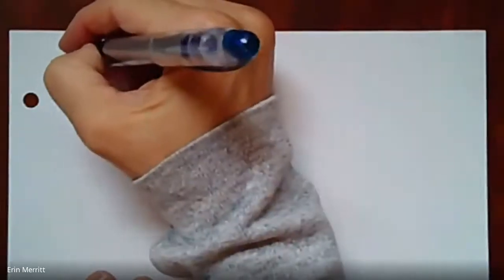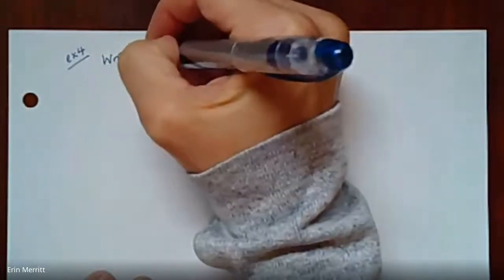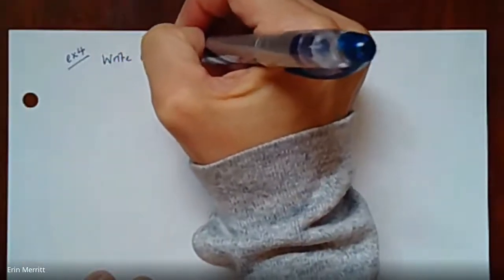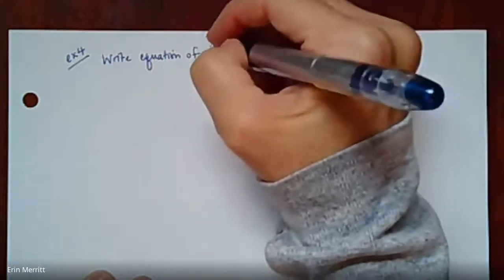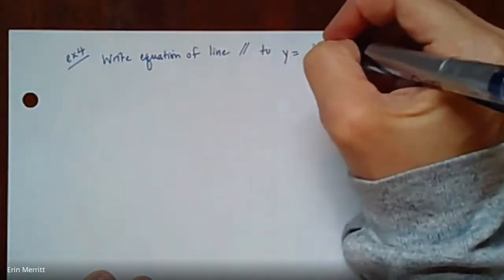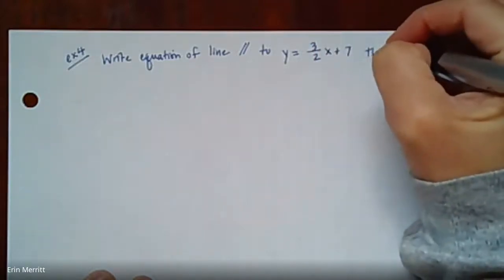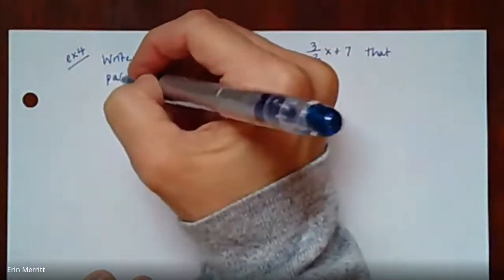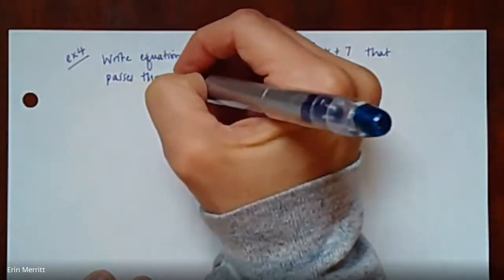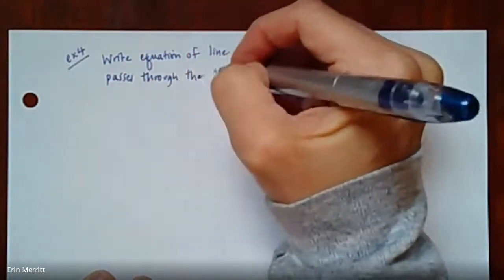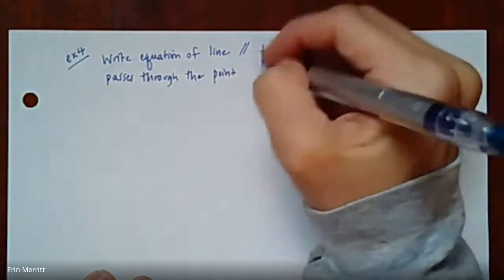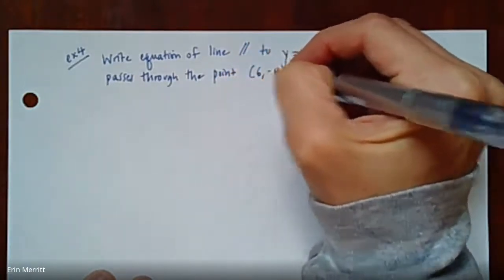So example 4, I want you to be able to write the equation of the line parallel. So I'm going to use my little notation here. Parallel to y equals 3/2 x plus 7, that passes through the point 6, negative 8.